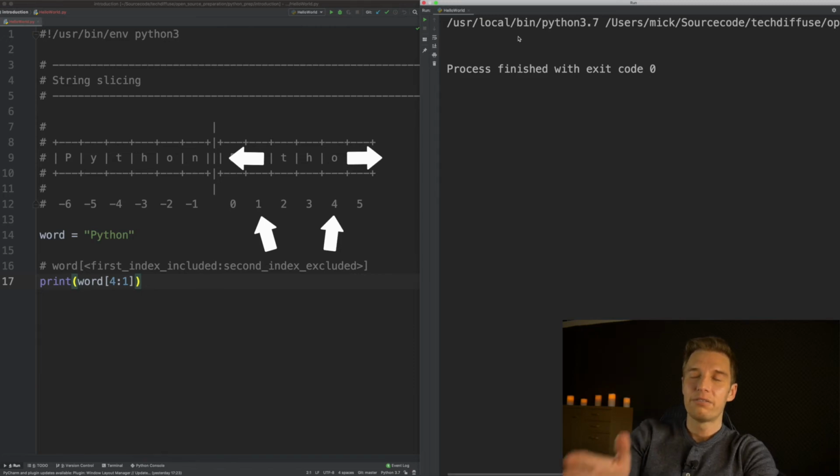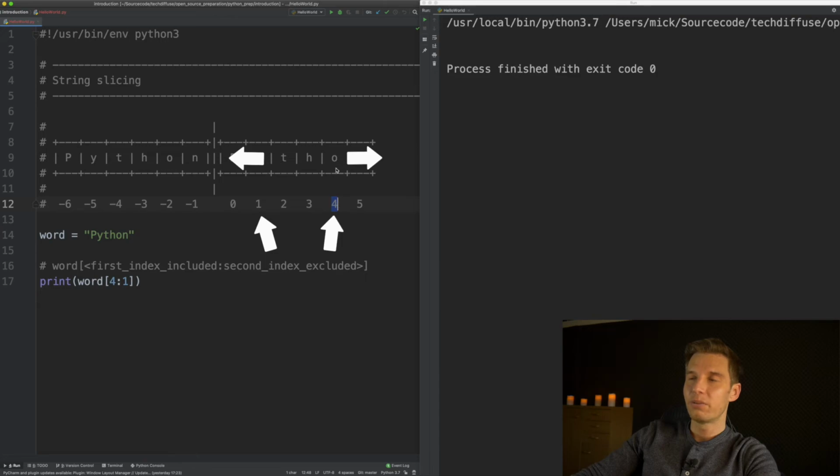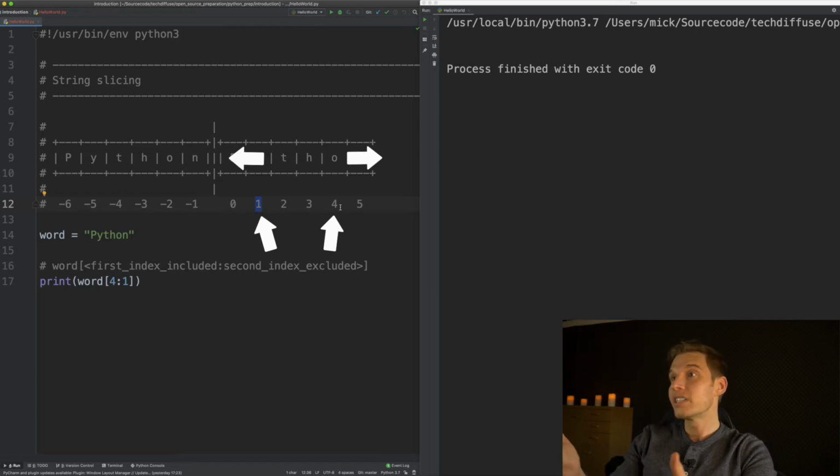Because we go again from left to right, so the left outermost starting point is the 4, and we want to go to the right, but it's not possible because the 1 is more left on the line than the number 4. So the result is that Python cannot create a substring out of it, and we get an empty string.